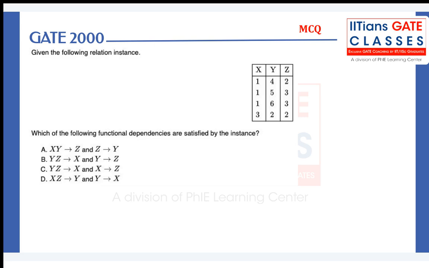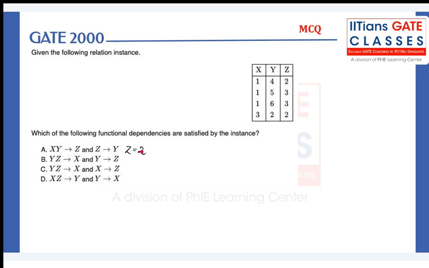Second option, try to look at the second option. So for this, I know the culprit is Z equal to 2.